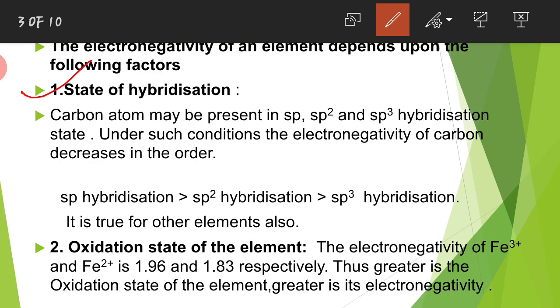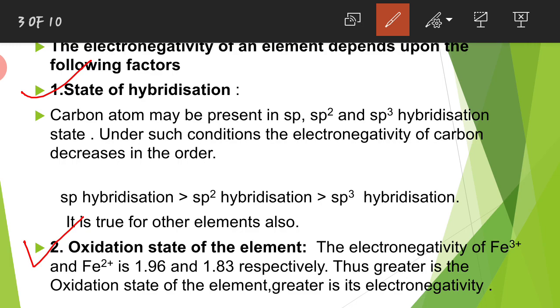Under such conditions, the electronegativity of carbon decreases in the order sp is greater than sp2, and sp2 is greater than sp3. It is true for other elements also.